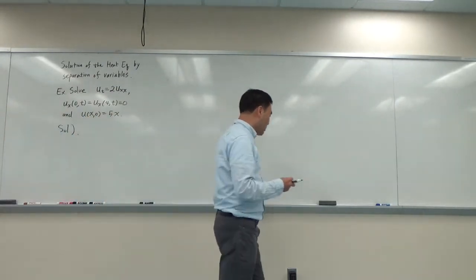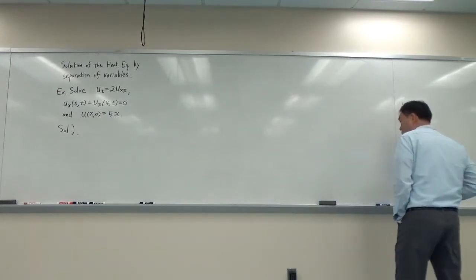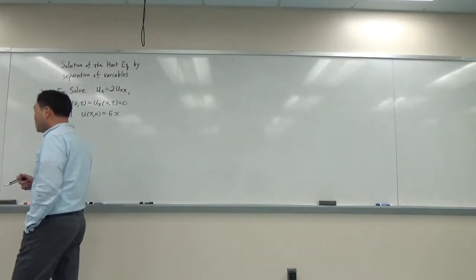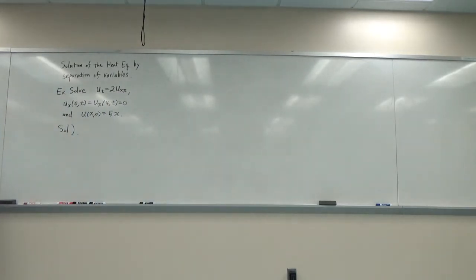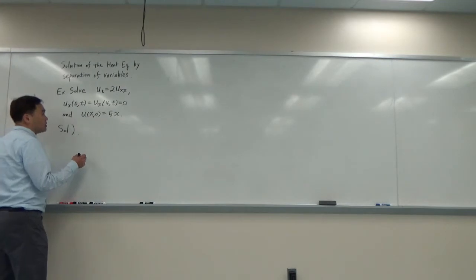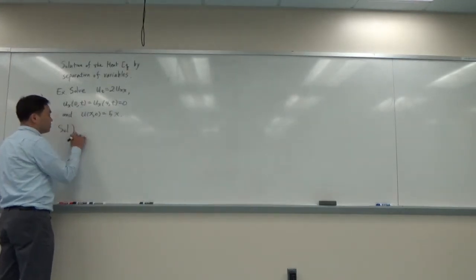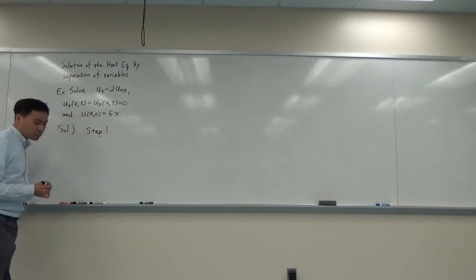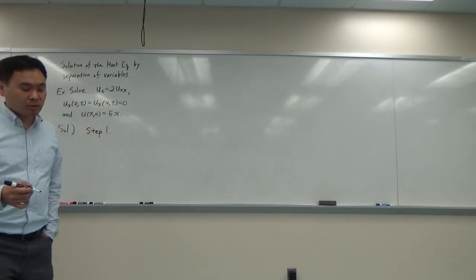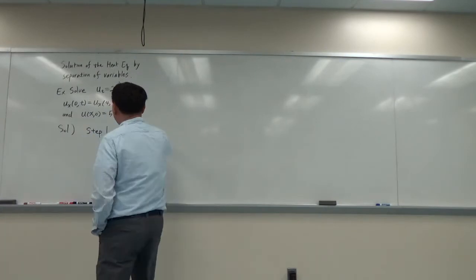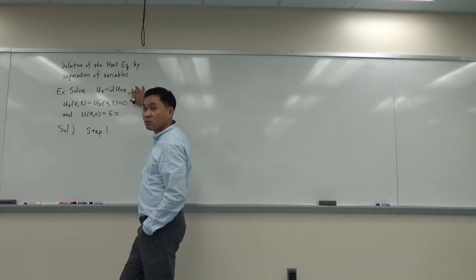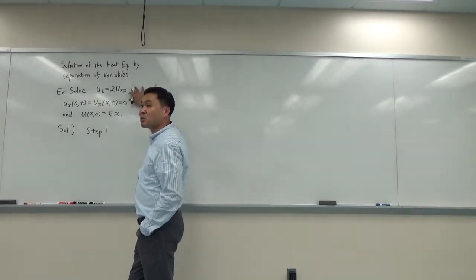All right. But this one we can actually solve by hand. So we will solve by hand. And what we're going to do is take some steps. So step 1, instead of trying to solve everything, you want to take the first two conditions and try to find building blocks of the solutions.